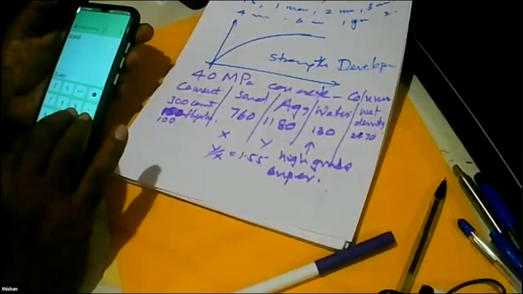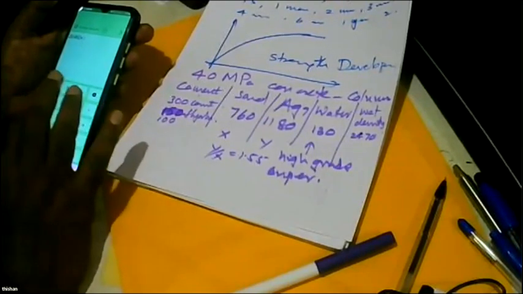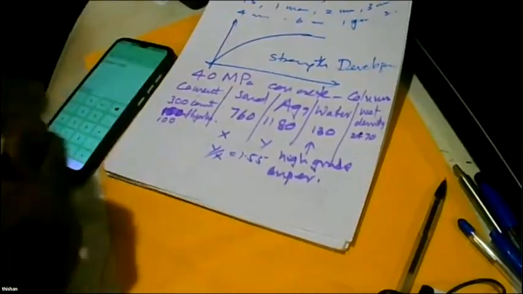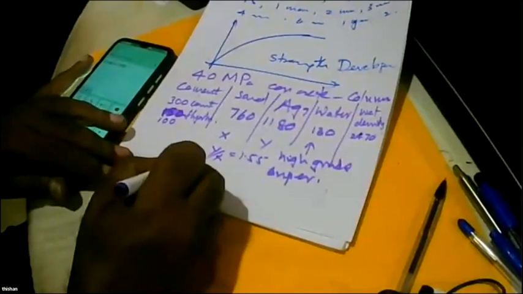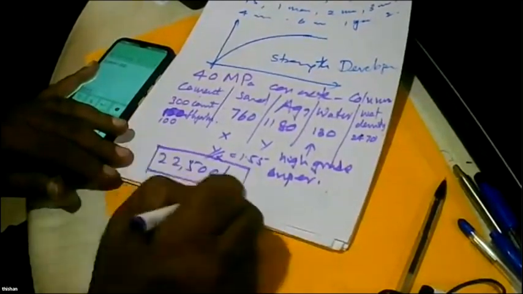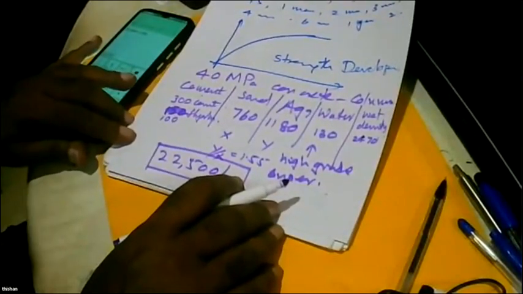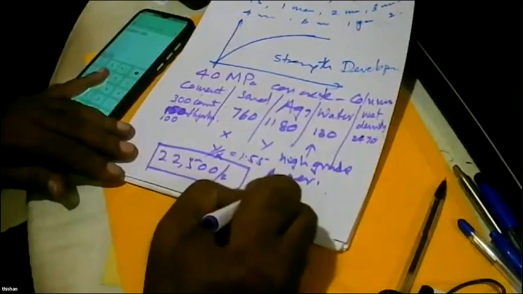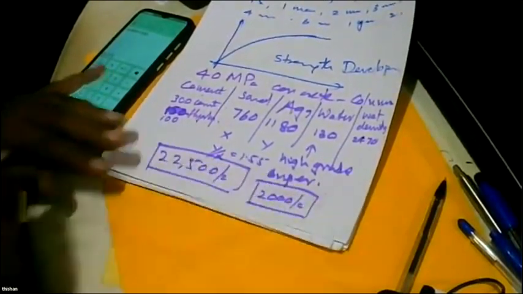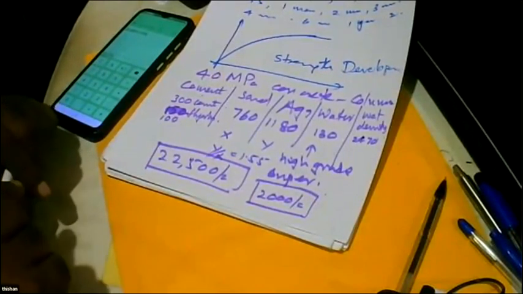That's the cost, plus 1950, 22,500. So what is the cost difference between 30 megapascal and 40 megapascal concrete? It has to be less than 2,000 rupees. Can you see the ability to do calculations like this is very vital?